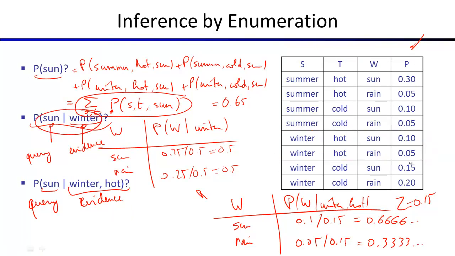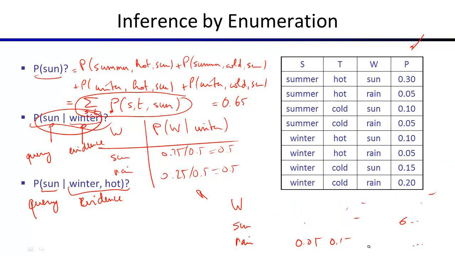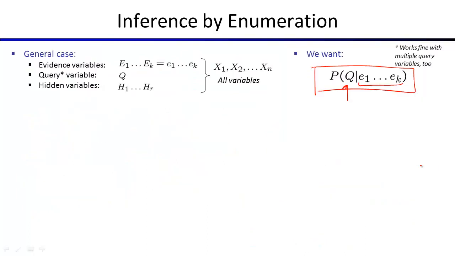For that second query there, after we looked at everything for winter, our hidden variable was temperature. And we said we're going to have to collapse winter and sun. Winter and sun appears twice. Temperature is a hidden variable. It's hot here, cold here. Sum these two entries together and make that one new entry in the collapsed table. That's the collapsing of hidden variables.